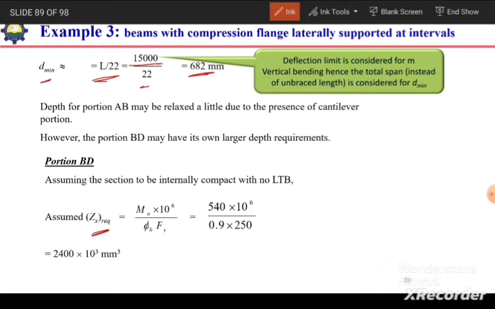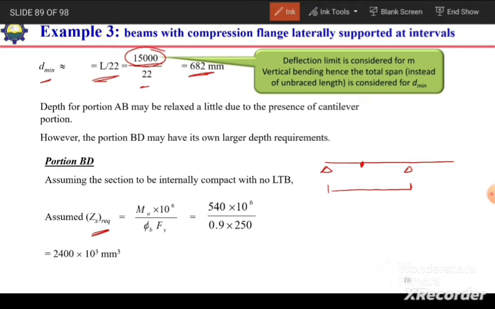So here L is 15,000 and divided by 22, so the D minimum comes out to be 682 millimeter. But one thing needs to be noted: this 15,000 is not the length of one segment. It is the length of this span from here up to here, instead of from A to C or C to B, because this point C is braced laterally against the lateral bending.